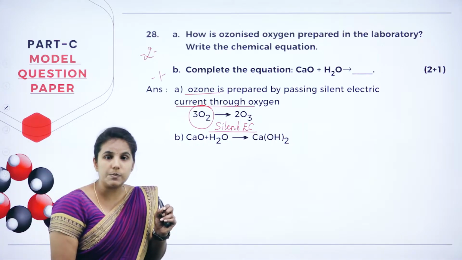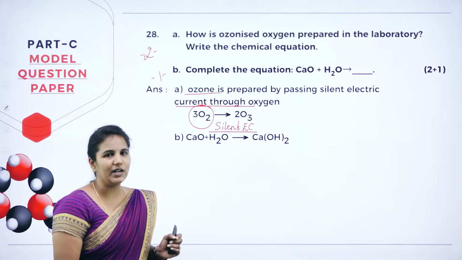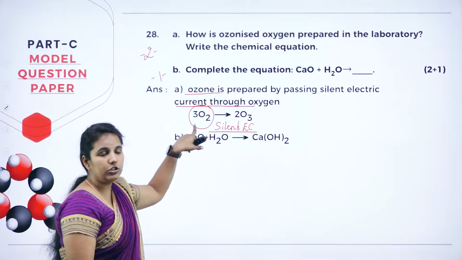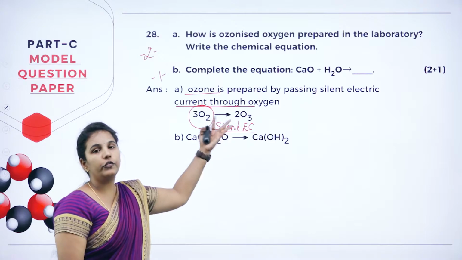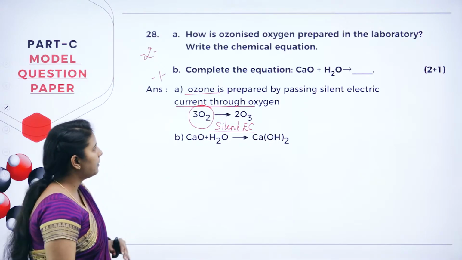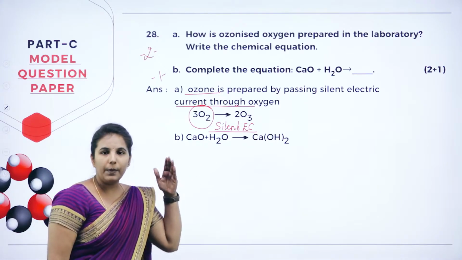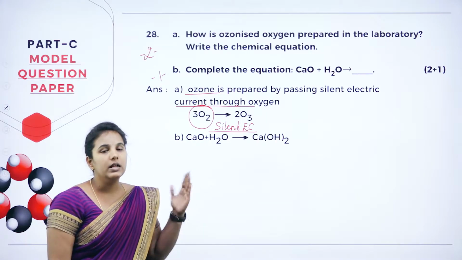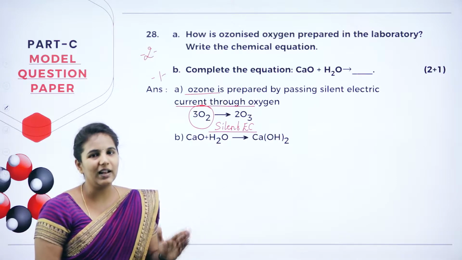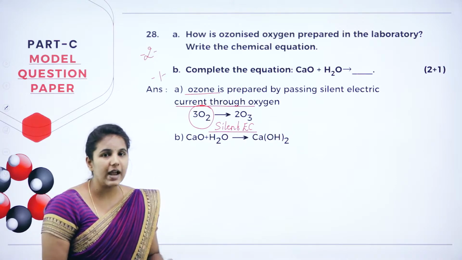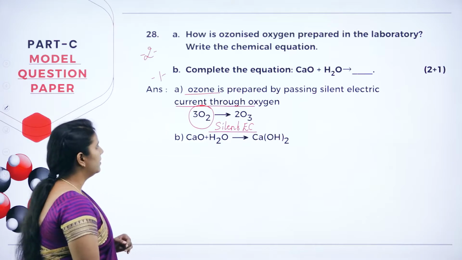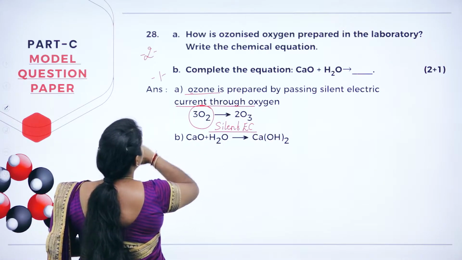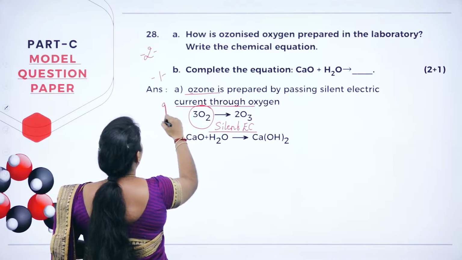Silent means it is a sparkless electrical discharge that we use here to prepare ozone from oxygen. I'll repeat once again. Here we are preparing ozone from oxygen by using a sparkless electrical discharge, which is also known as a silent electrical discharge. So if you write this explanation with the proper balanced equation, you will get 2 marks.